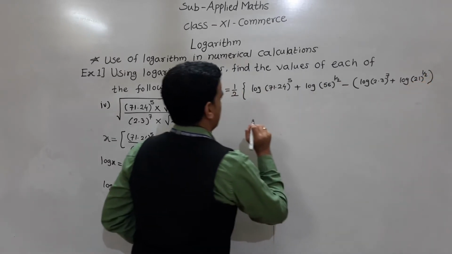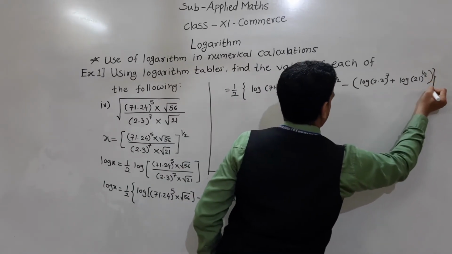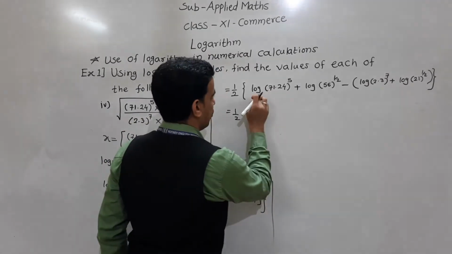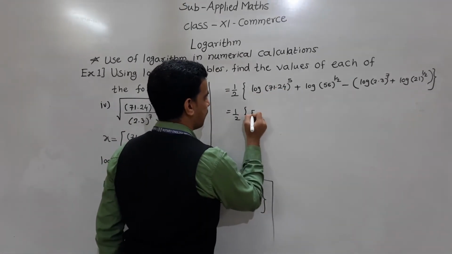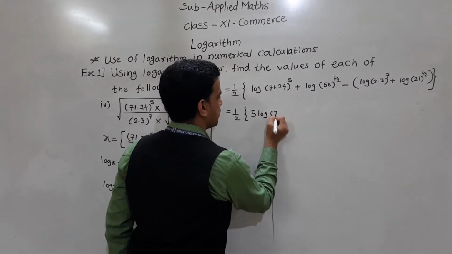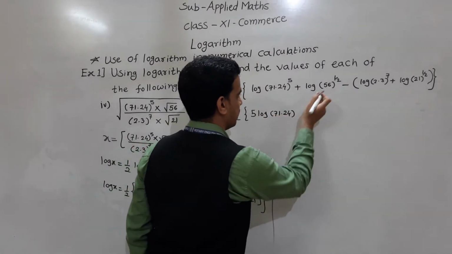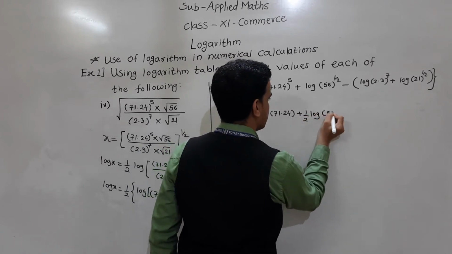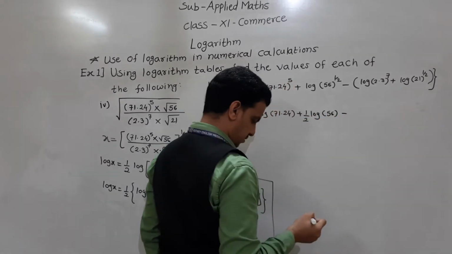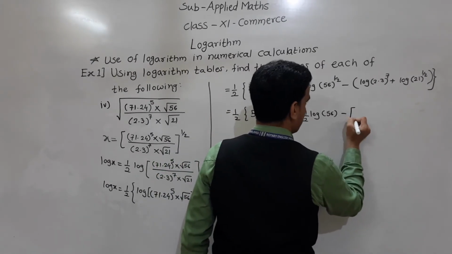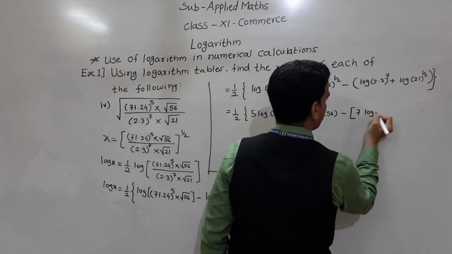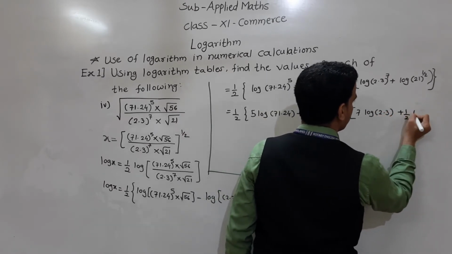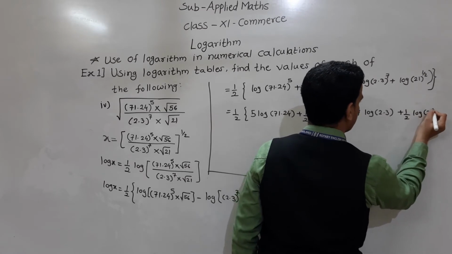Okay, and curly bracket is there. So half into, now log of this number we can write 5 into log of 71.24 plus 1 by 2 into log of 56 minus 7 into log of 2.3 plus 1 by 2 into log of 21.